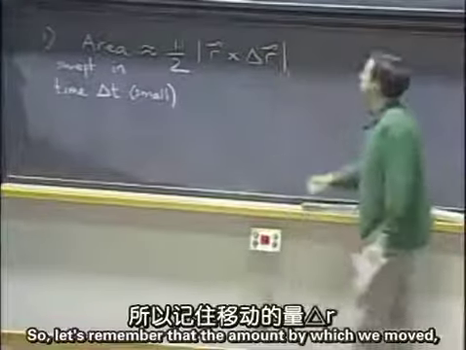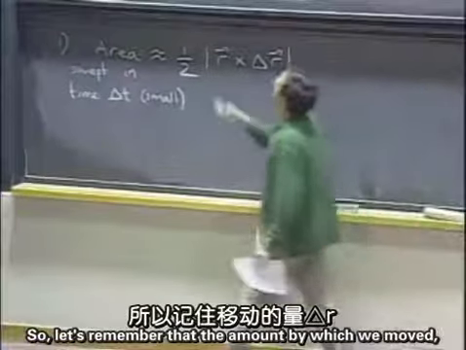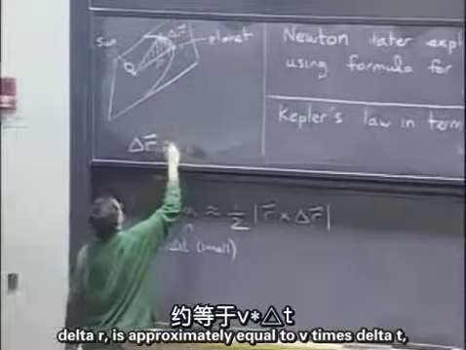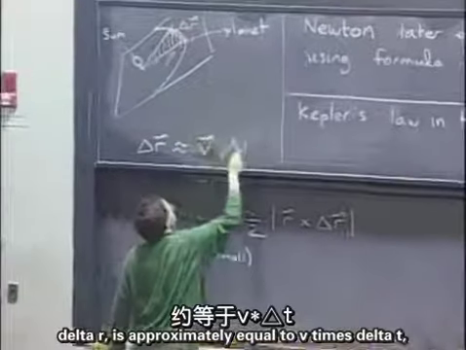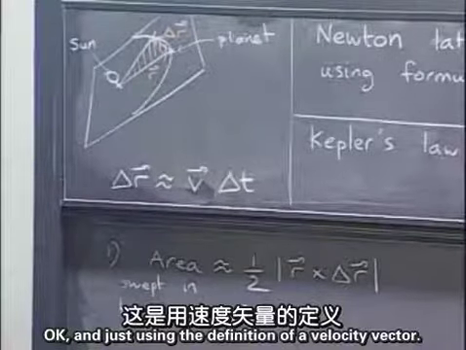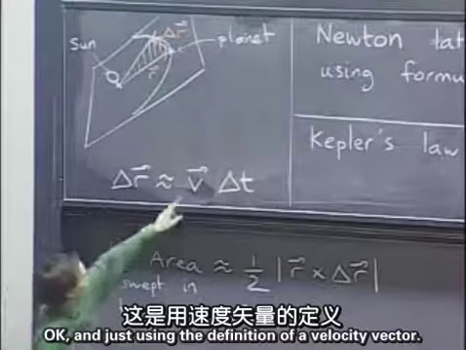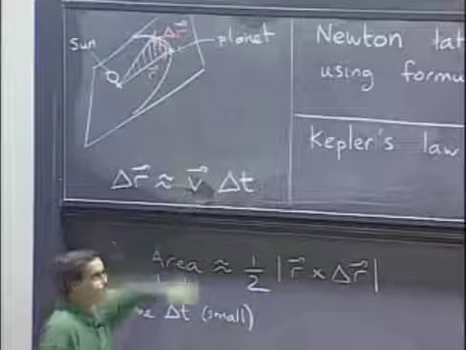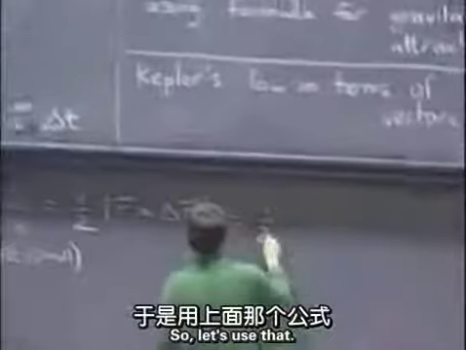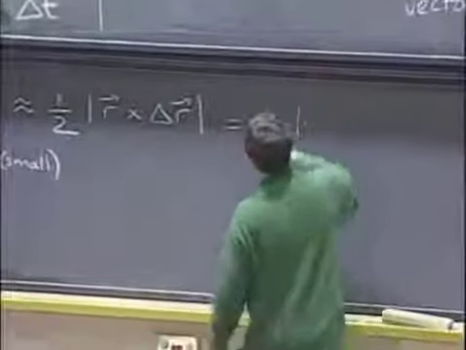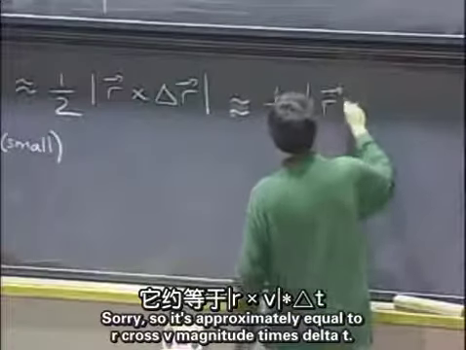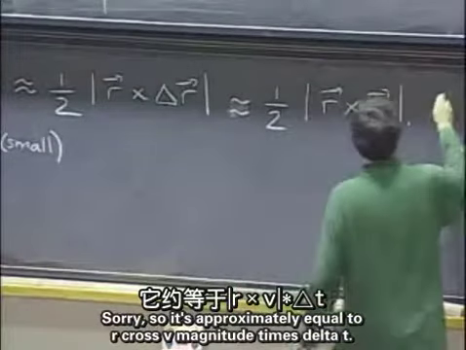So now let's remember that the amount by which we moved, delta r, is approximately equal to v times delta t. Okay? I'm just using the definition of a velocity vector. So let's use that. So it's again approximately equal to the magnitude of r cross v times delta t.